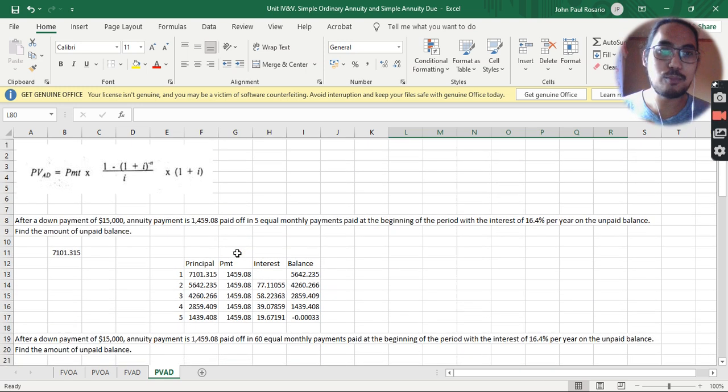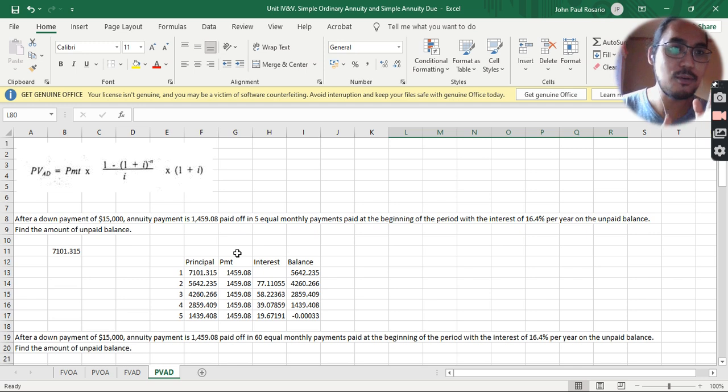So if future value guys, both ordinary annuity future value and annuity due future value, the purpose is to build up money from nothing to something. Now with present value, its purpose is to extinguish a liability. So to exhaust money, from something to nothing.